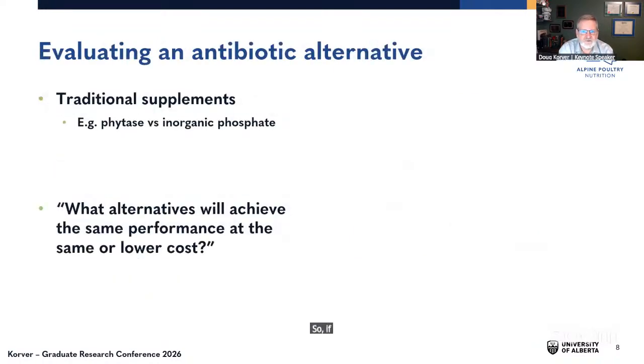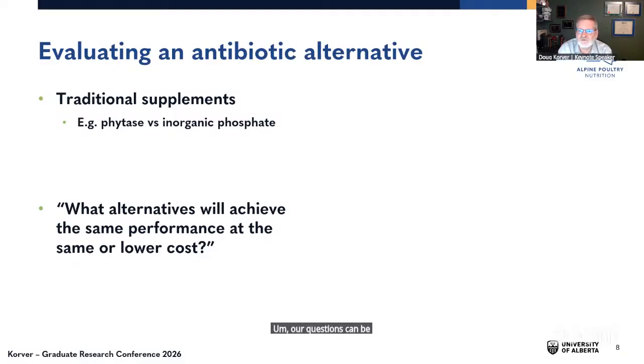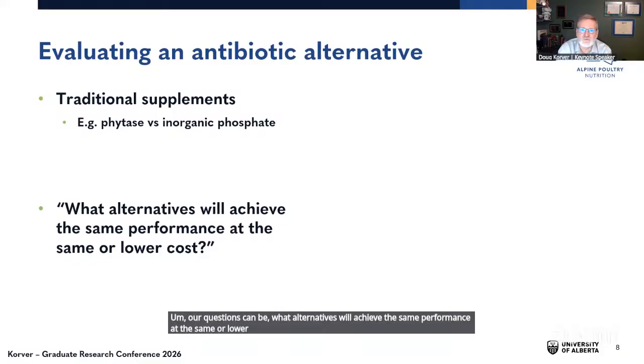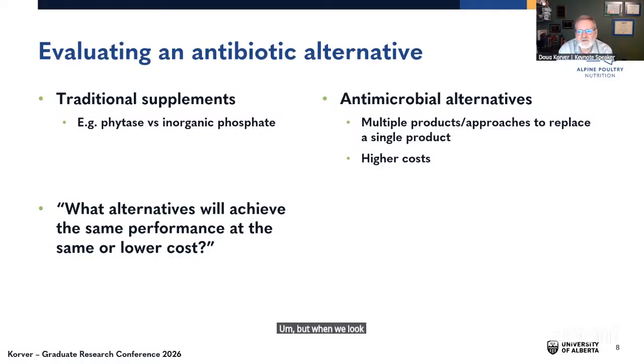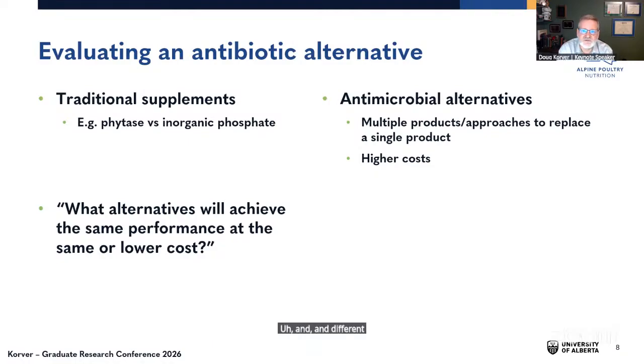If we look at traditional feed supplements like a phytase versus removing inorganic phosphate, our questions can be what alternatives will achieve the same performance at the same or lower cost, or what will improve performance? But when we look at antimicrobial alternatives, it's a little bit more complicated, because usually to have a successful strategy we need multiple products and different approaches, different mechanisms, in order to replace that single product.